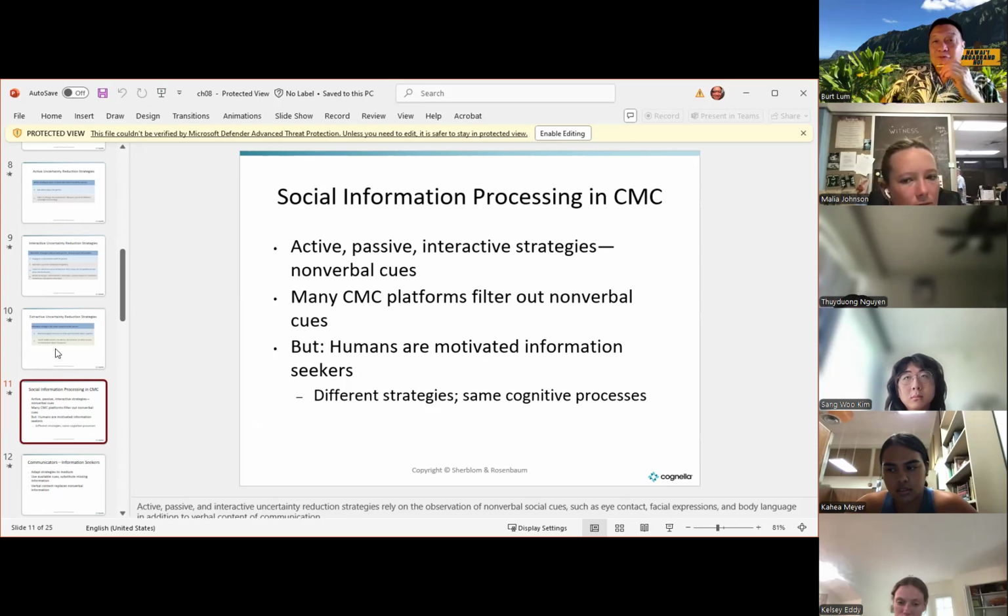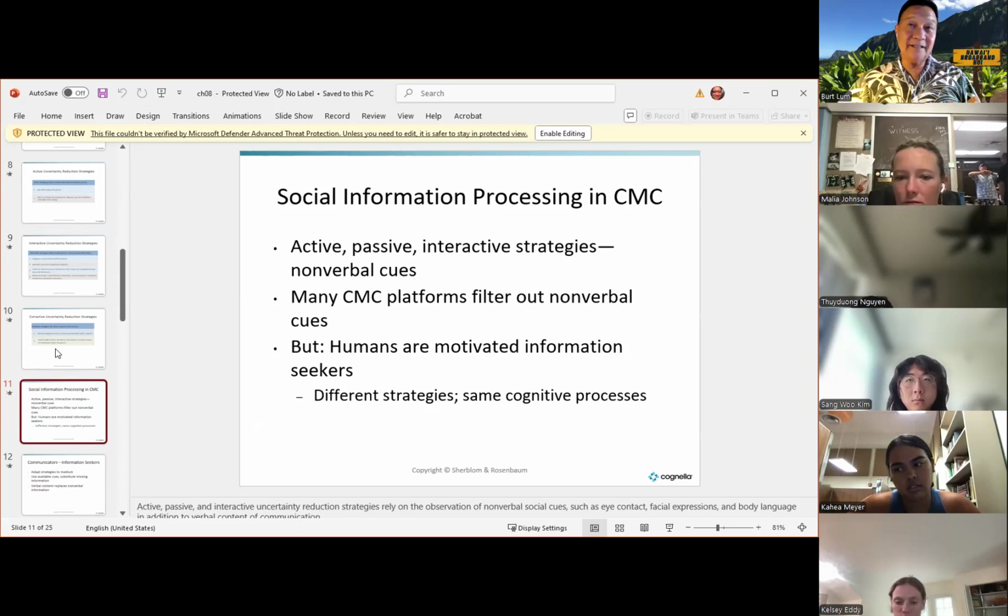Many of these CMC platforms filter out those nonverbal cues, and the author of the book makes references to text-based platforms, and even touches on dating apps, and how dating apps are very selective in what they put out there, right? So those are the filtering, the ability to filter out these nonverbal cues.